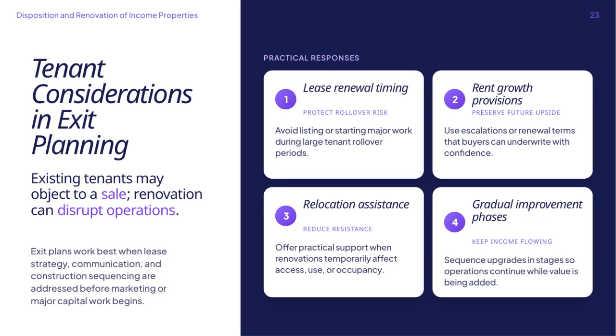Third, offering relocation assistance can reduce tenant resistance by providing support if renovations temporarily impact their access or use of the space. Lastly, scheduling gradual improvement phases allows renovations to happen in stages, keeping income flowing while enhancing property value. Together, these approaches help maintain tenant relationships and optimize the property's marketability during the exit process.